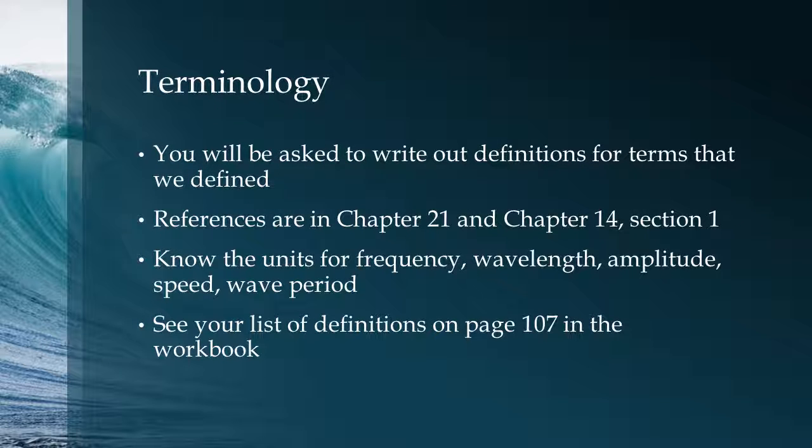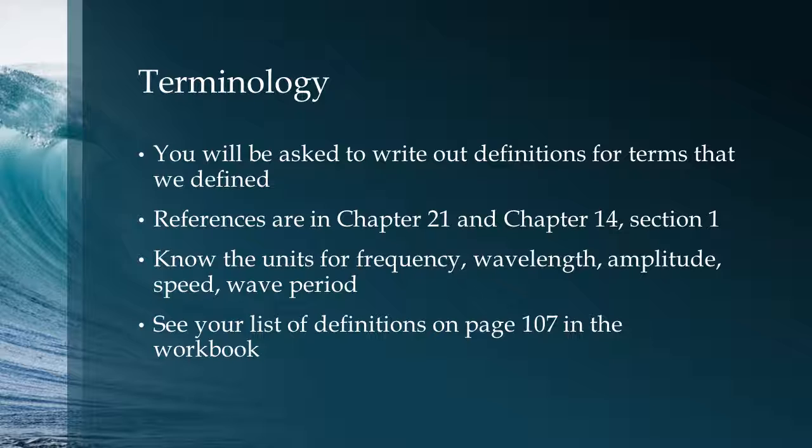As far as terminology, as we discussed, you will be asked to write out definitions for the terms that we defined, and if you need to go back and get some of those definitions, many are in Chapter 21, but some of the more basic ones will be back in Section 1 of Chapter 14.